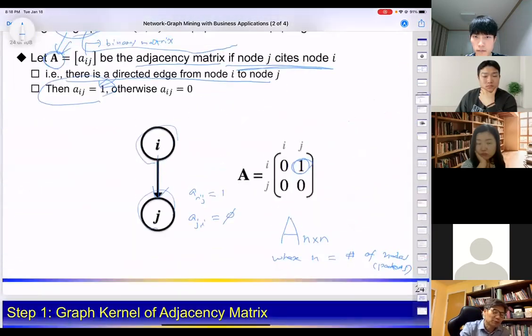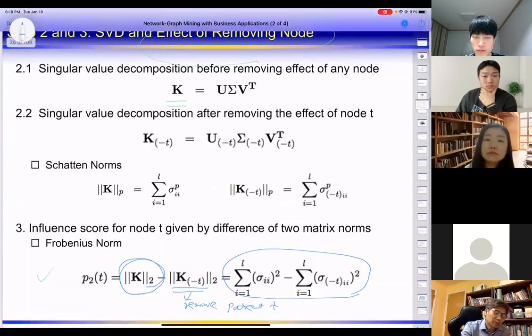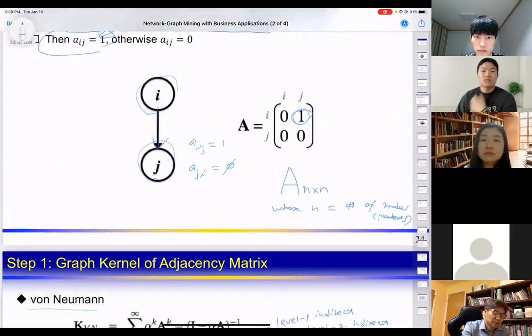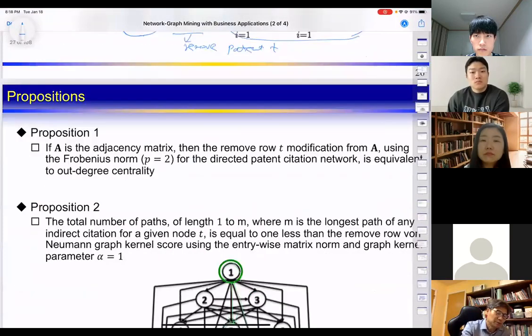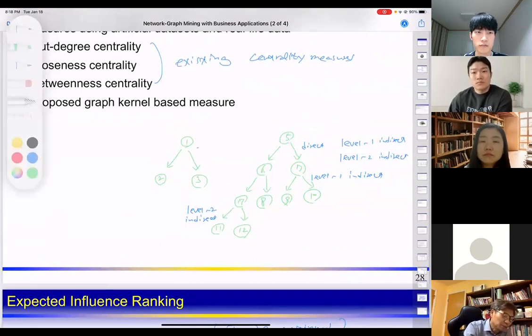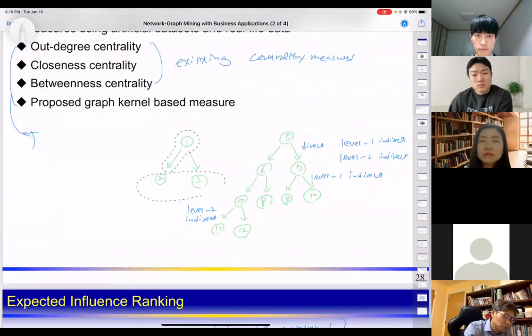Okay, so for example, where is it? First example here. Right here, for example, a very specific example, okay? Remove this one, right? It's affecting only these two nodes.